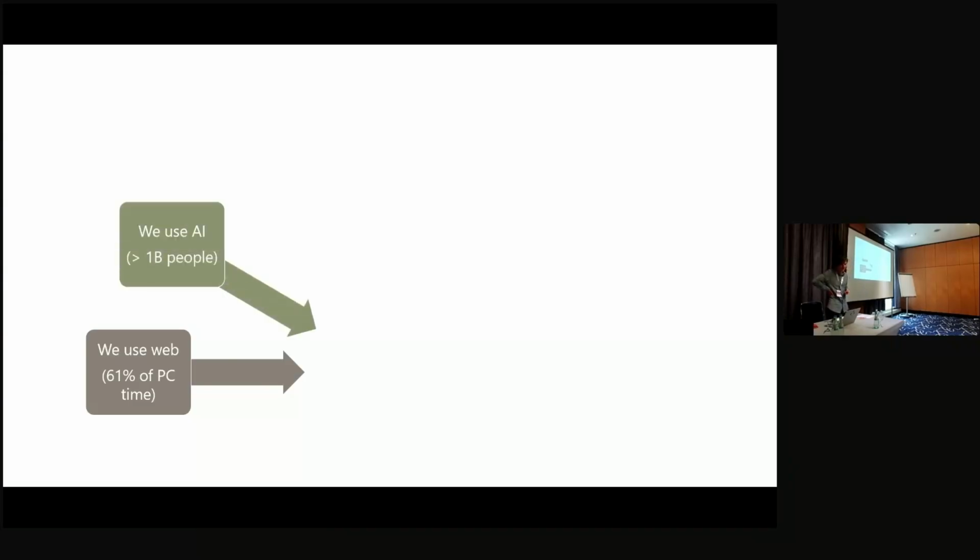Let me list some facts that led to the need of having proper web APIs working with machine learning and AI technologies straight in the browser. First of all, research by Intel says that we love using the web. If you talk about our desktop and laptop experience, we use our PCs for over half of the time for the web browser, maybe the lowest hanging fruit in that example.